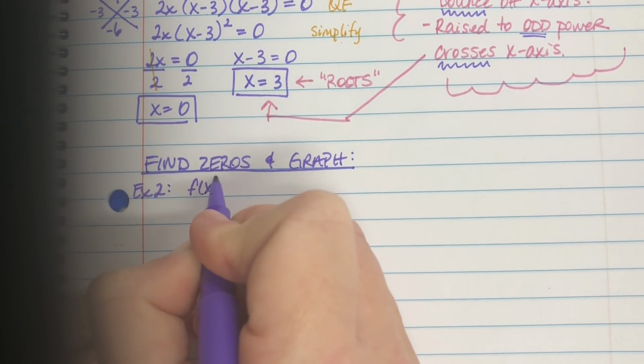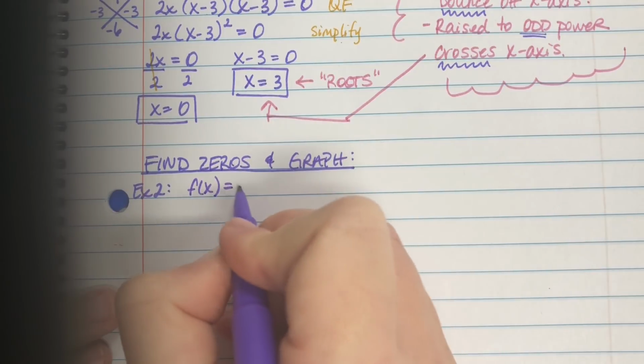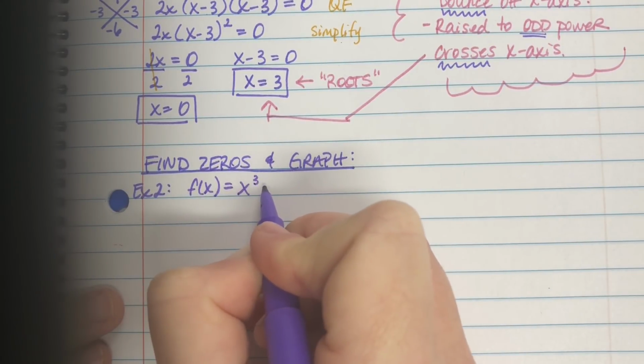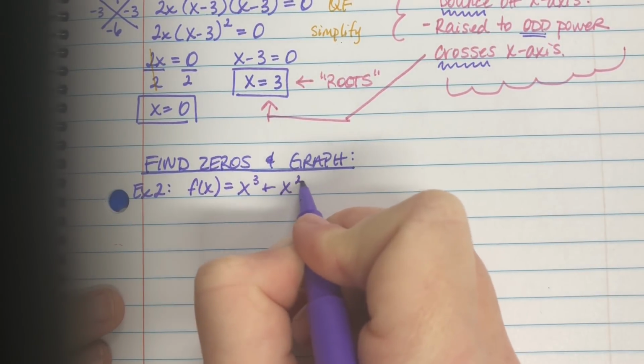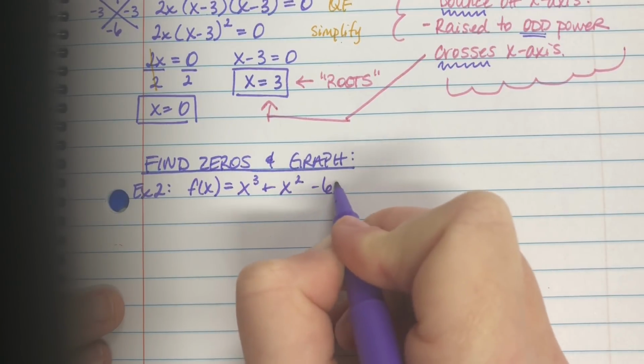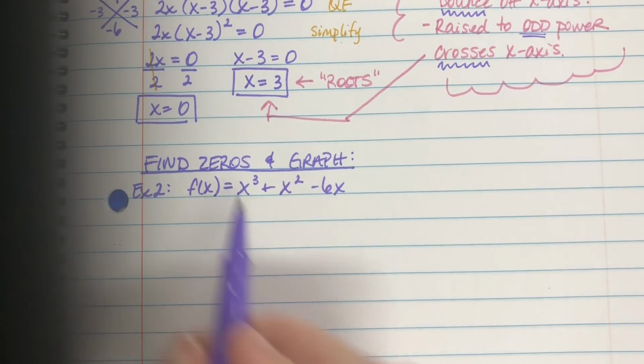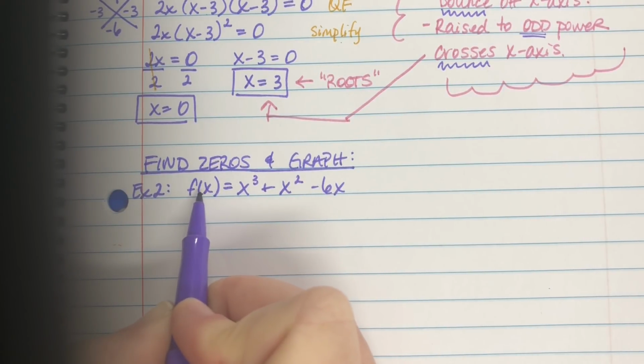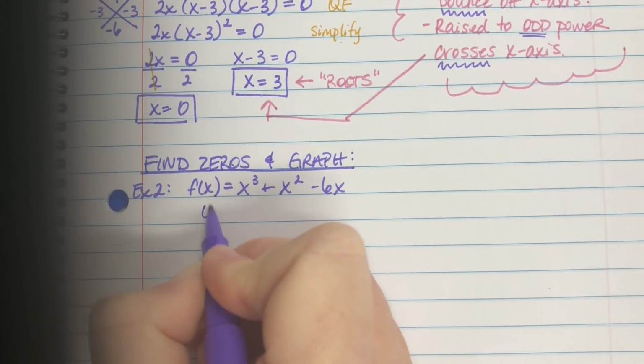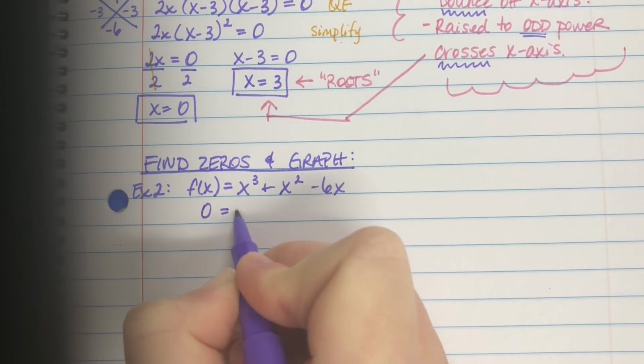F of x equals x cubed plus x squared minus 6x. The steps are always going to be the same. First, we have to factor it, and the first step of factoring is always find your GCF. Please keep in mind that f of x is just terminology. It can be replaced for 0 when we're solving.